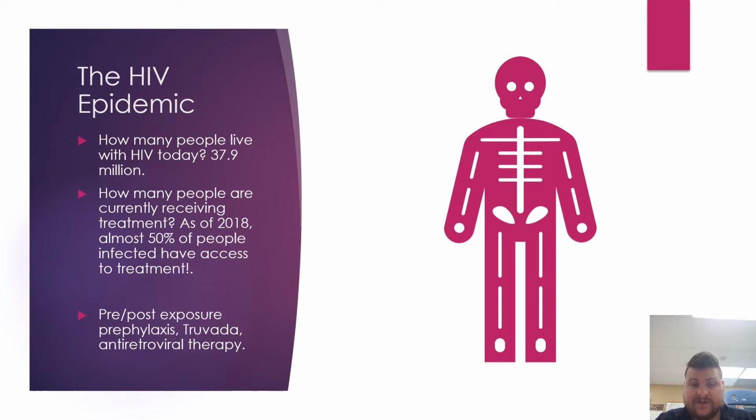As for people that are receiving treatment, as of 2018, 50% of these people have access to treatment and retrovirus treatment. You have your post exposure prophylaxis, your Truvada for the LGBT community, and really any community, but it is very prevalent in the LGBTQ community. And then you have the antiretroviral therapy.